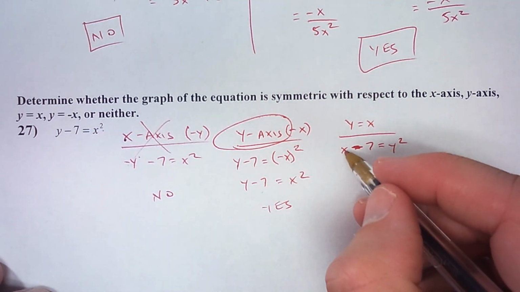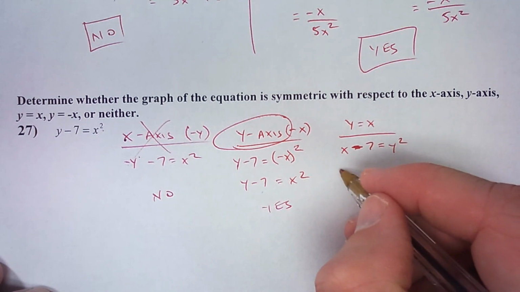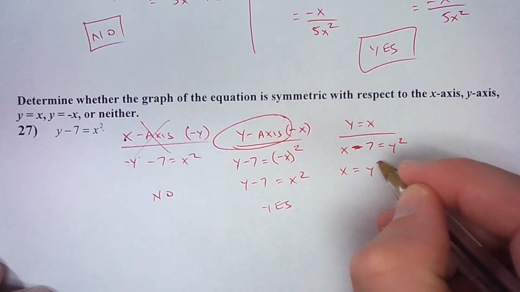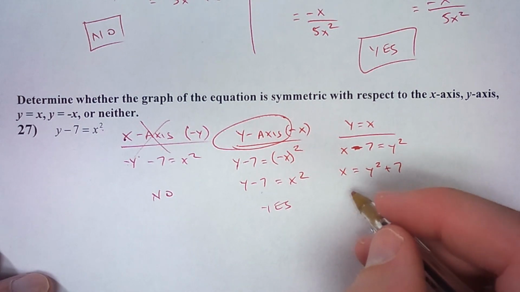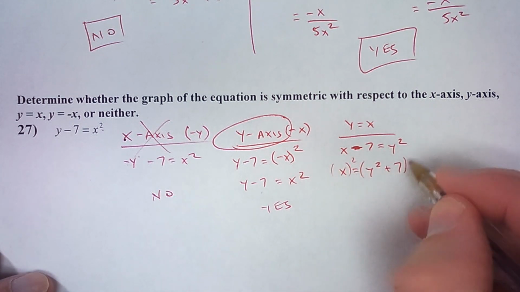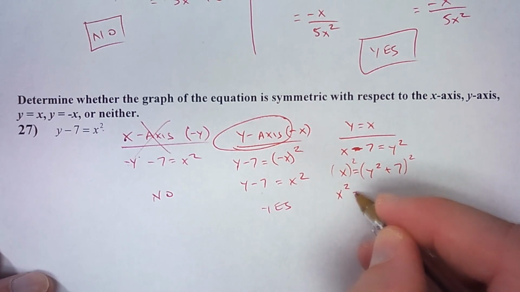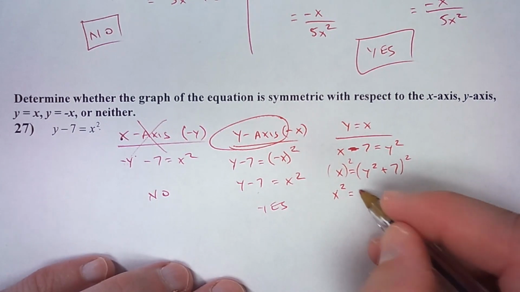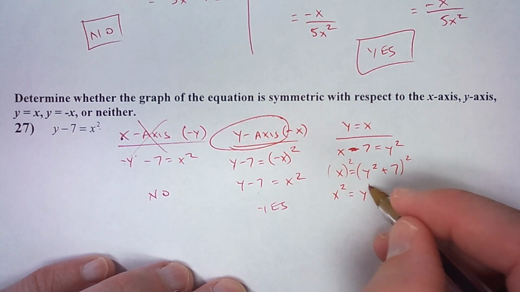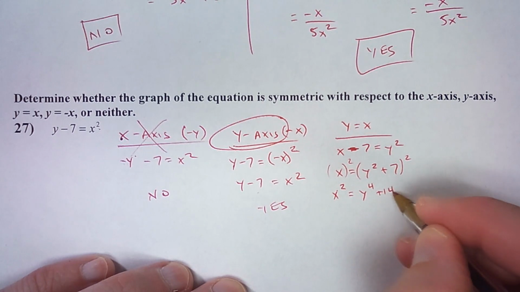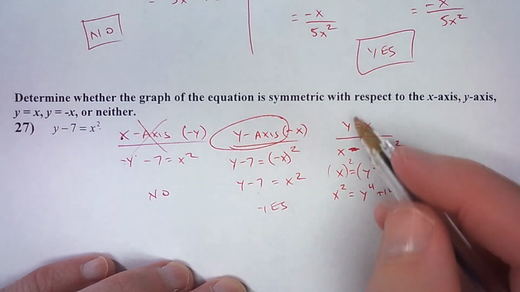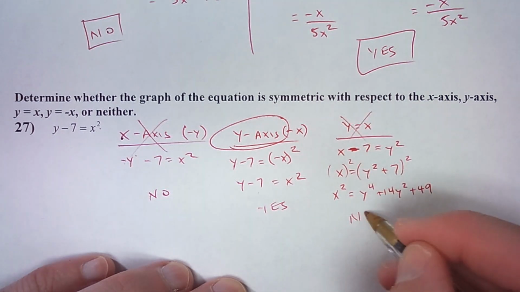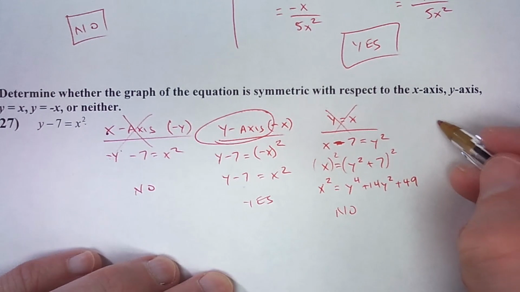So I'll get the squared term by itself, so I'll add that 7. x equals y squared plus 7. And then when I square both sides, I get x squared equals y to the 4th plus 14y squared plus 49. That does not match the original. No, there's no symmetry about y equals x.